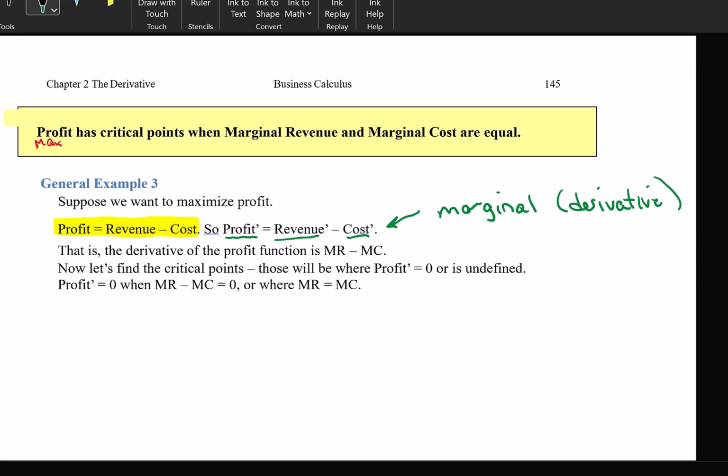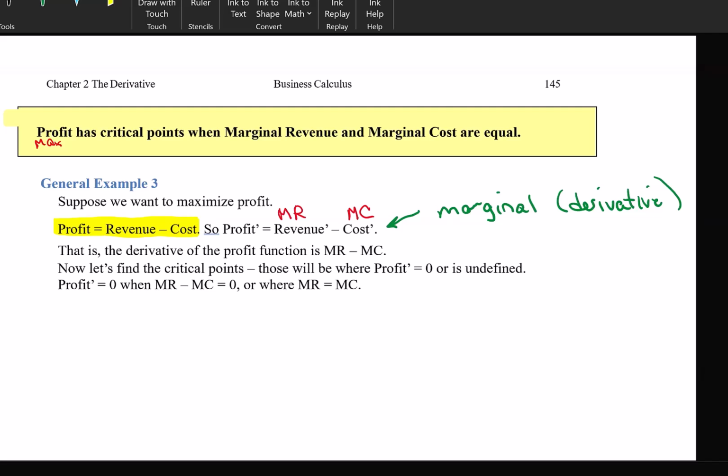Which is basically what we're doing with derivatives. Now we're going to call marginal revenue MR, and marginal cost MC. Now we have the derivative of the profit is equal to MR minus MC.